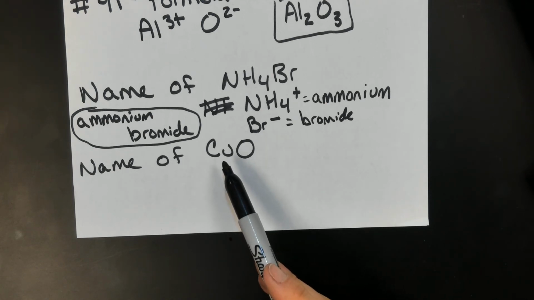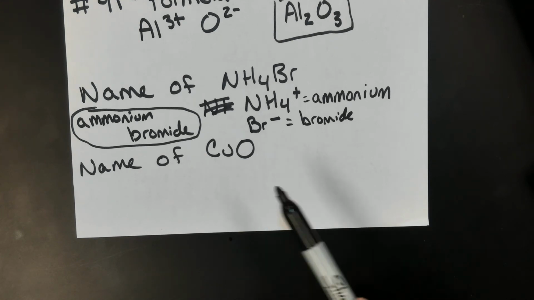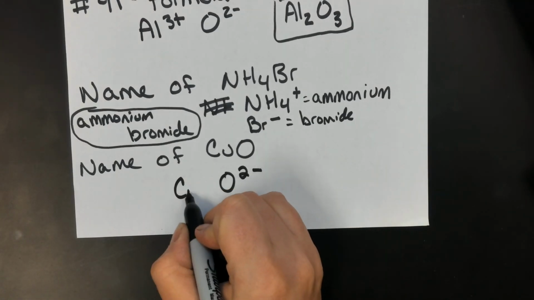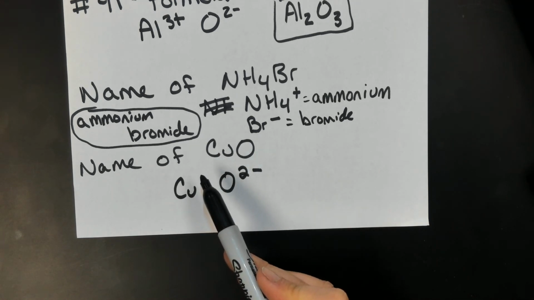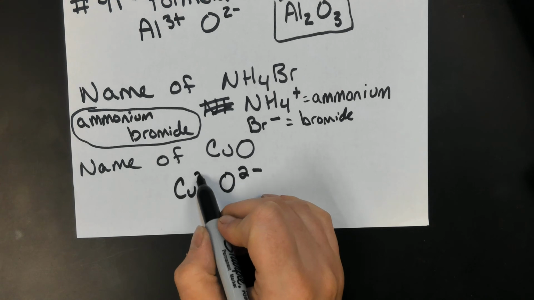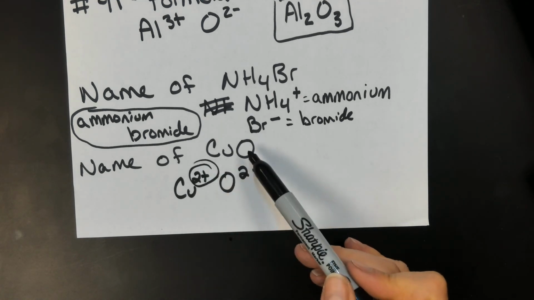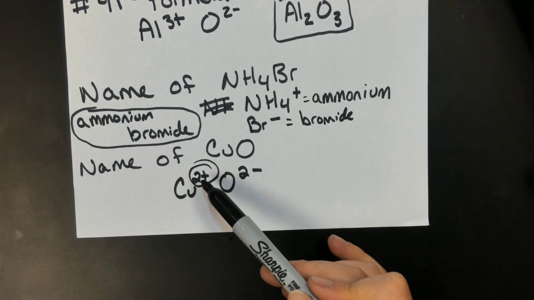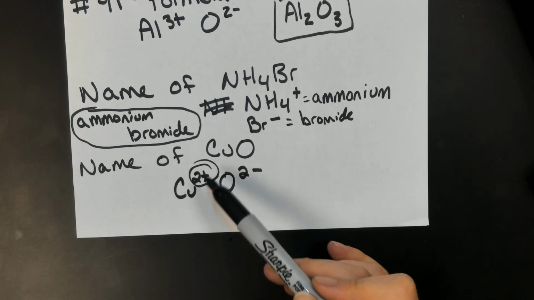How do I do that? Well, I know oxygen. Oxygen's going to be 2-. So in order to balance it out, what must copper's charge be? Copper must be 2+. We determine this indirectly: if O is 2- and there's only 1 of each, this has to be a 2+. So it must be copper 2+ in order for them to balance out.